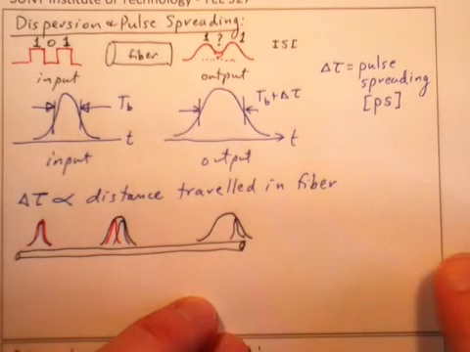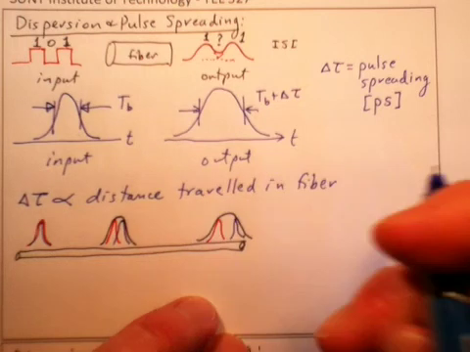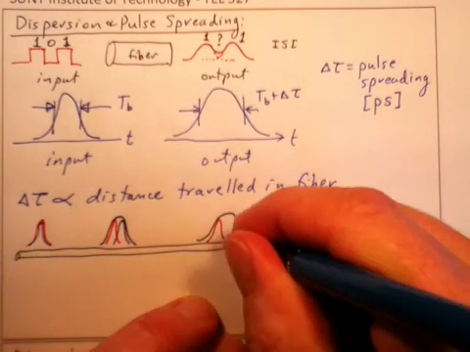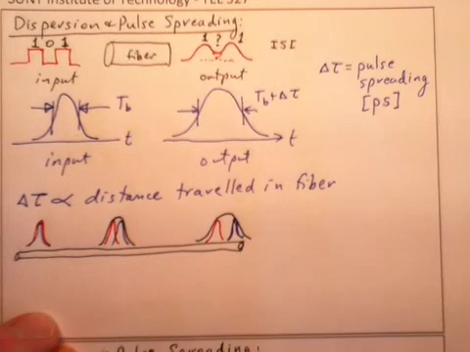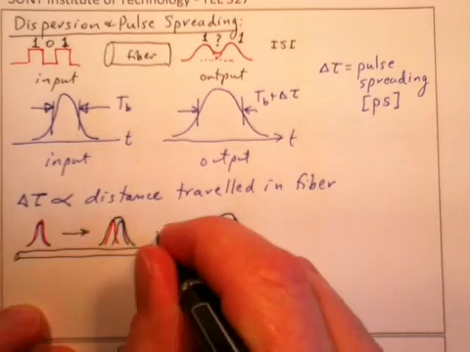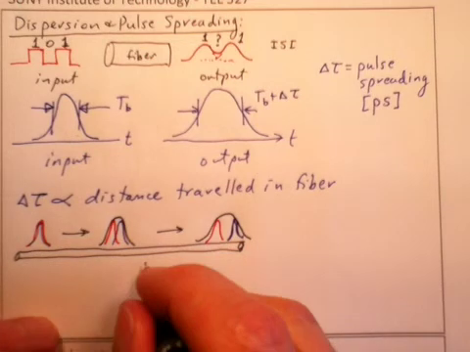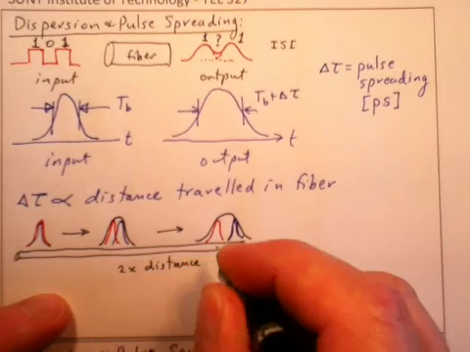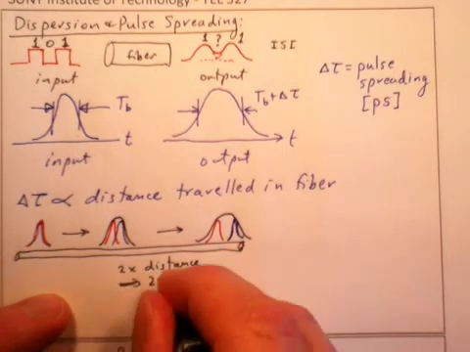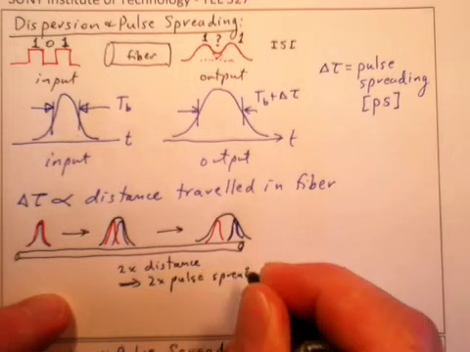The difference in the propagation speeds builds up over time, clearly. This is the cartoon picture of how this happens, where if we go 2 times the distance, we get 2 times the pulse spread.